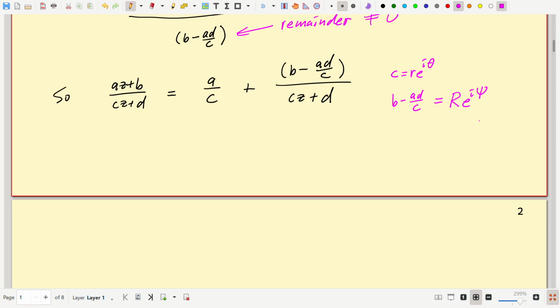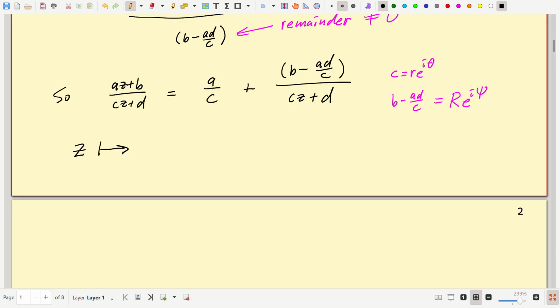Then if you look at this map, it goes to Z, goes to, let's see, think about how you would punch this number in your calculator. You'd start with CZ plus D in the denominator there, and then take it from there.